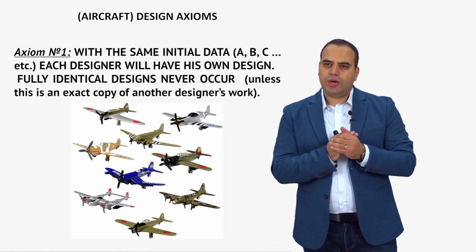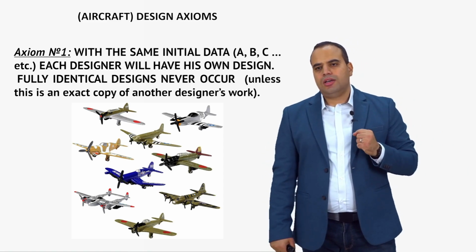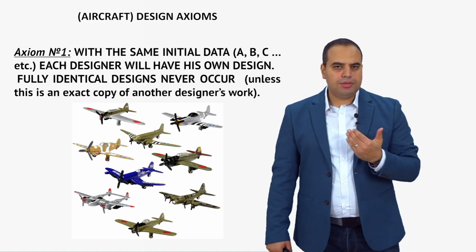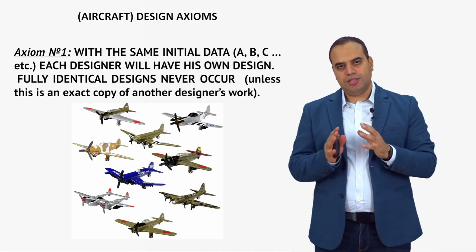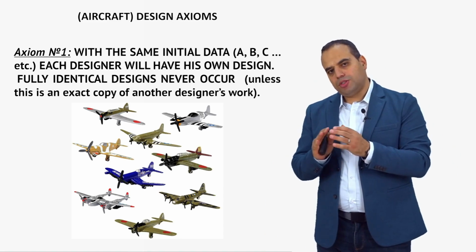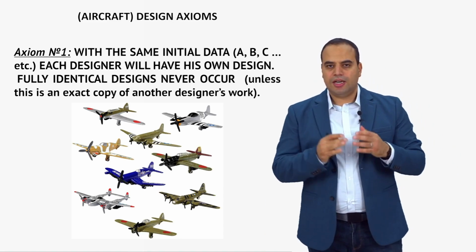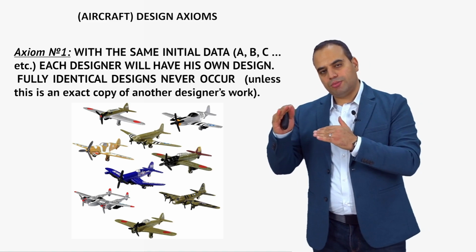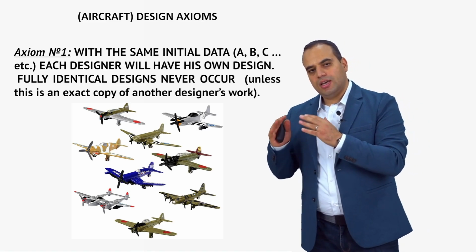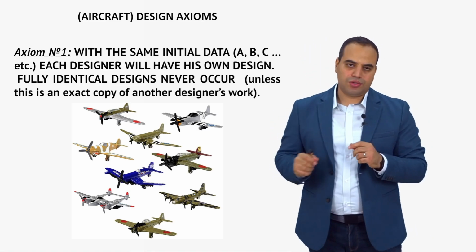Why this is the case, it is because the number of inputs is limited. So we have, for example, certain flight performance, while the number of outputs is basically unlimited. And so, for example, there are quite a lot of solutions that we can make, and all of these solutions can work the same way.